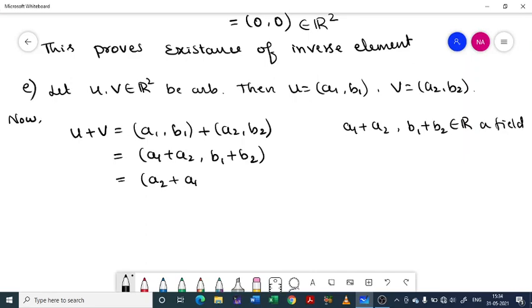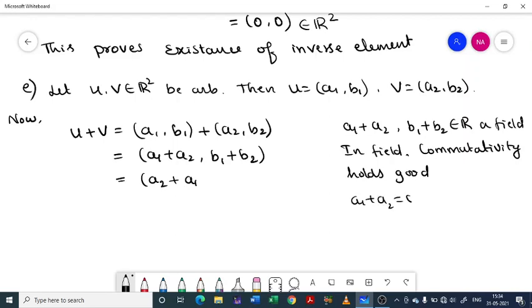So a2 plus a1 it will be. The reason is a1 plus a2 and b1 plus b2 belong to R, which is a field. In any field, commutativity holds good. So this a1 plus a2 will be equal to a2 plus a1. Similarly, b1 plus b2 will be equal to b2 plus b1. So a2 plus a1, b2 plus b1.